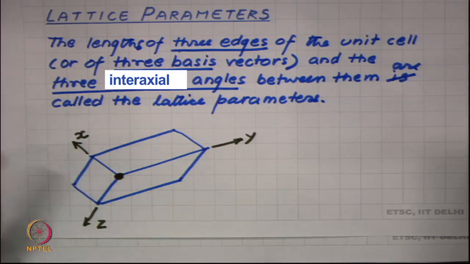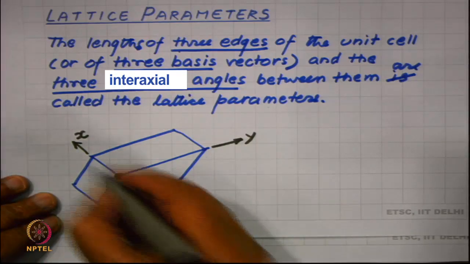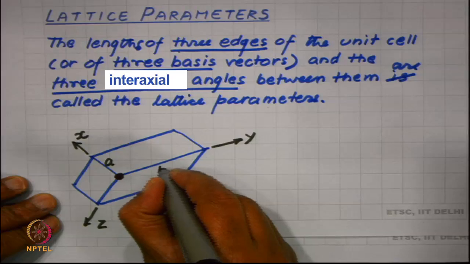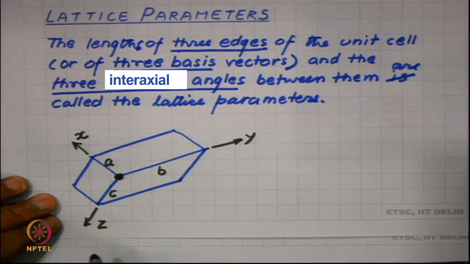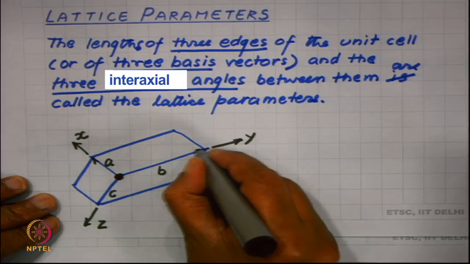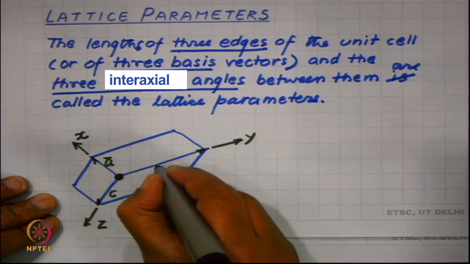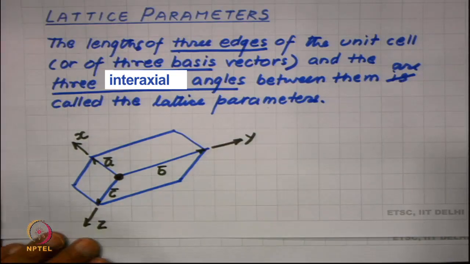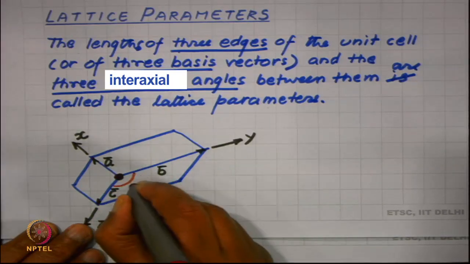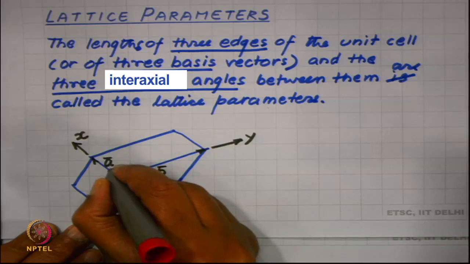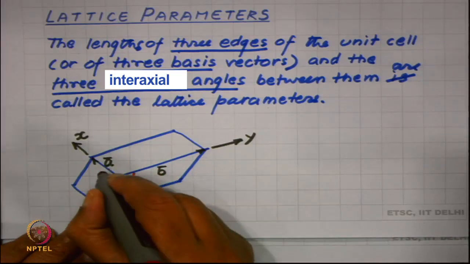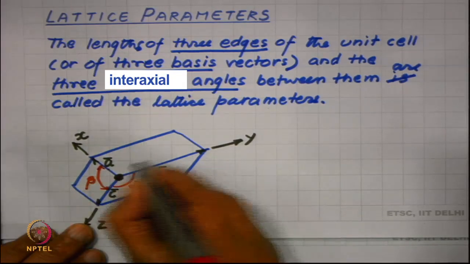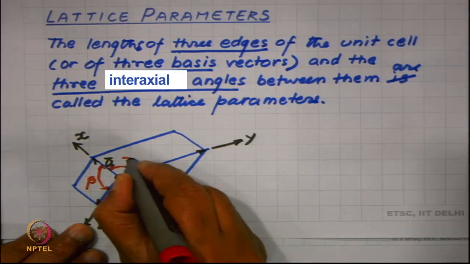So, they are not necessarily orthogonal, and the corresponding lengths A, B and C are also not necessarily equal, and we have three angles: angle between B and C alpha, angle between A and C beta, and angle between A and B gamma.